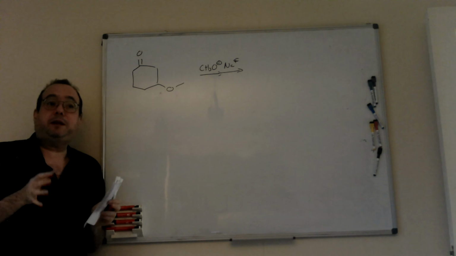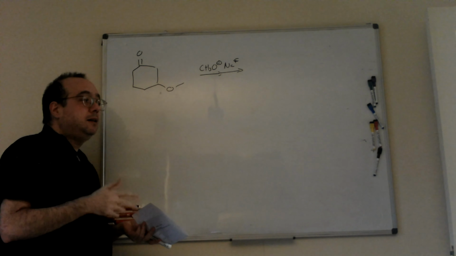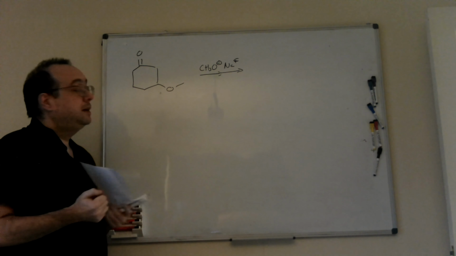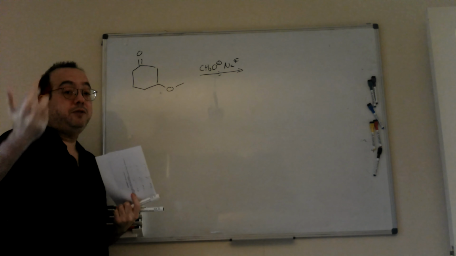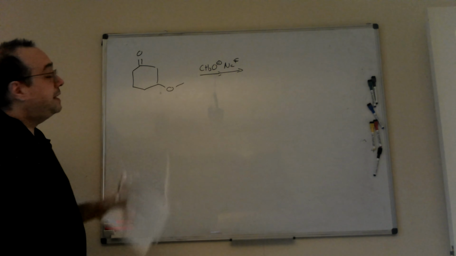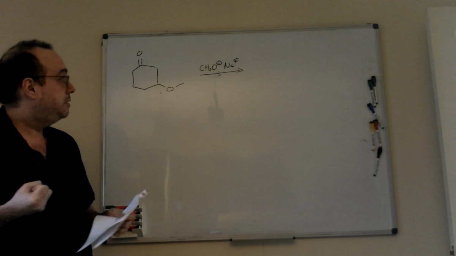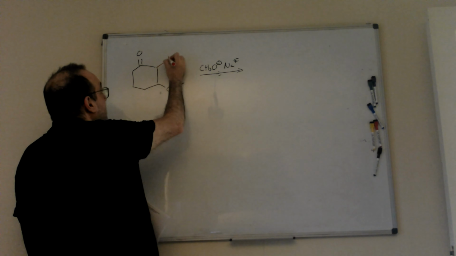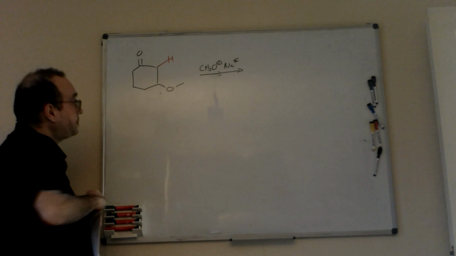What does E1CB mean? Remember, in E1 the leaving group departs first, and after a while we have the loss of the hydrogen, the proton. E2, the removal of the proton and the departing of the leaving group happen at the same time. And in the case of E1CB, what is happening first is that we take the proton first, and after a while the leaving group will depart.